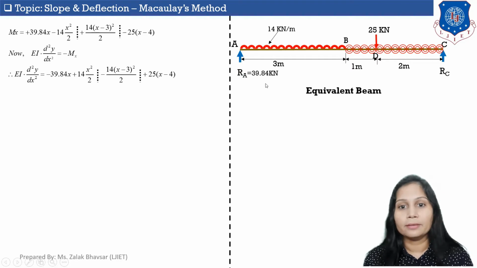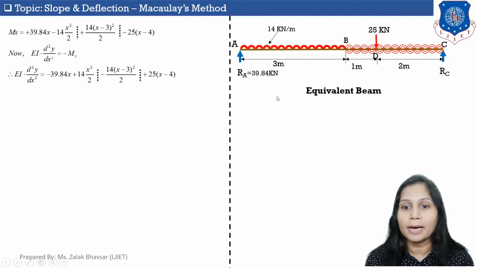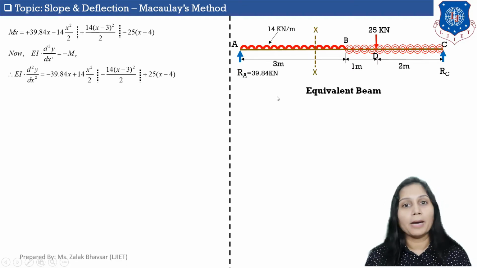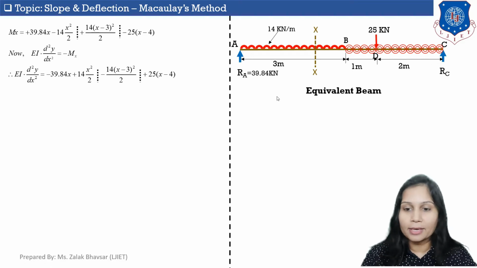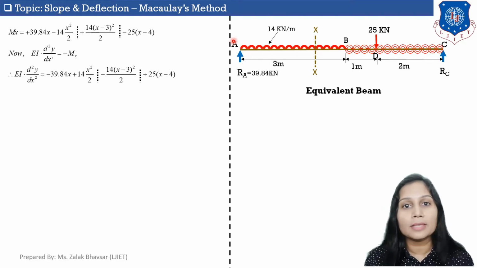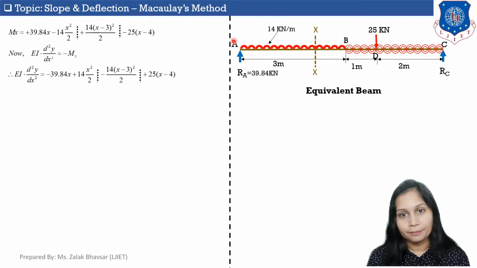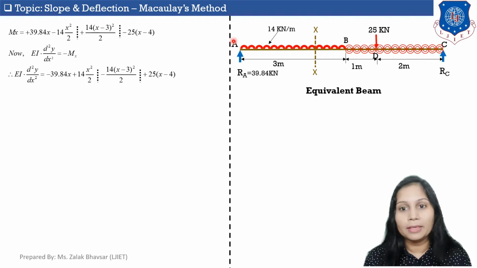Now let's start with part AB. In part AB, I am taking section XX at a distance x meter from point A, and I need to take moment about this section XX.